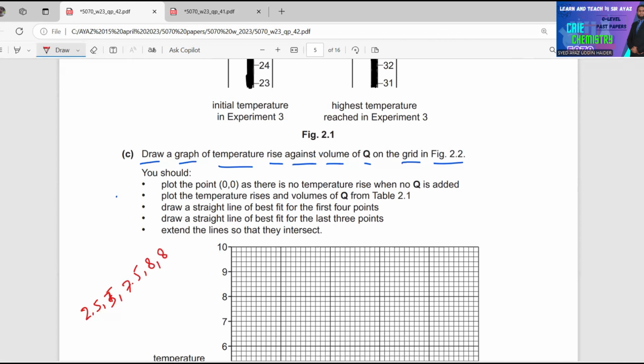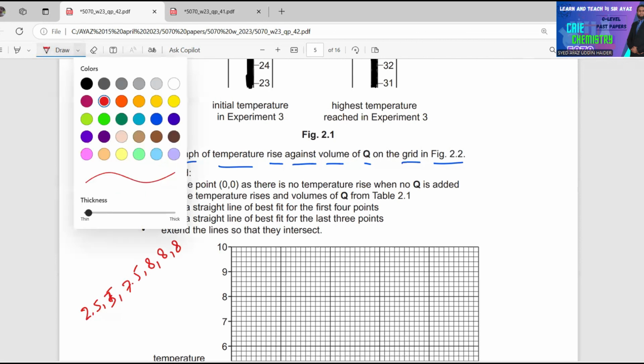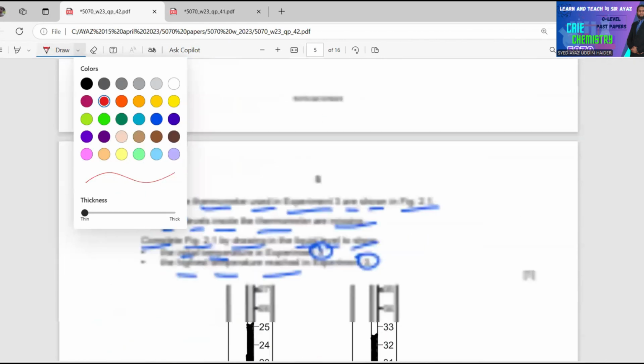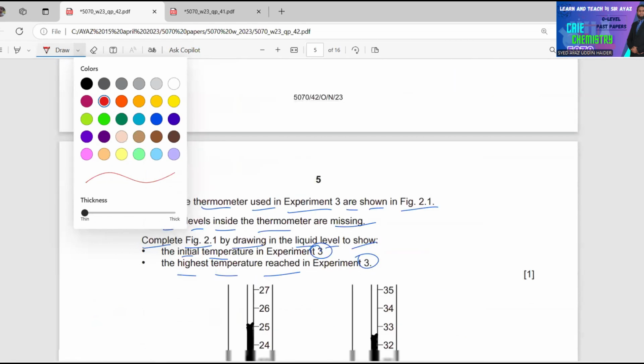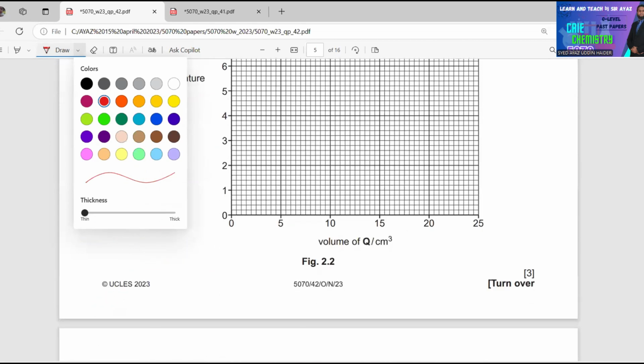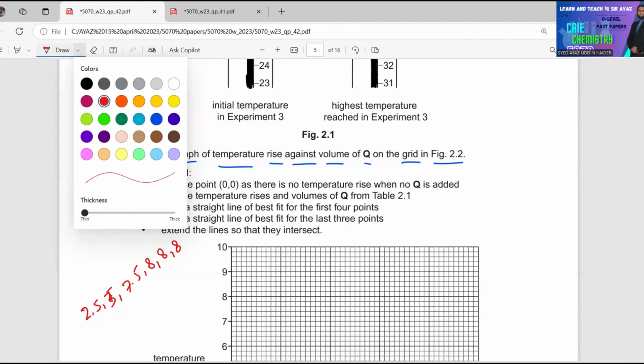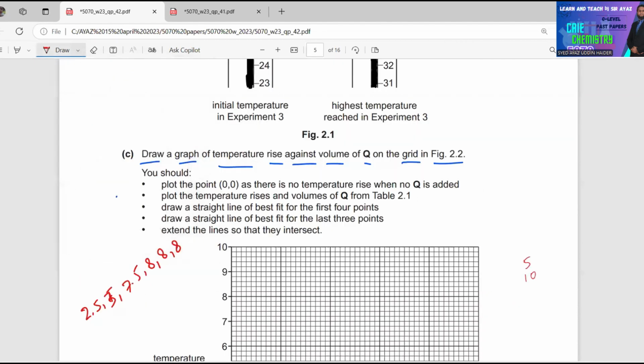There will be 6 experiments. So the last 3 readings must be 8. Now, what about volume of Q? Volume of Q: 5, 10, 15, 18, 20, 25.